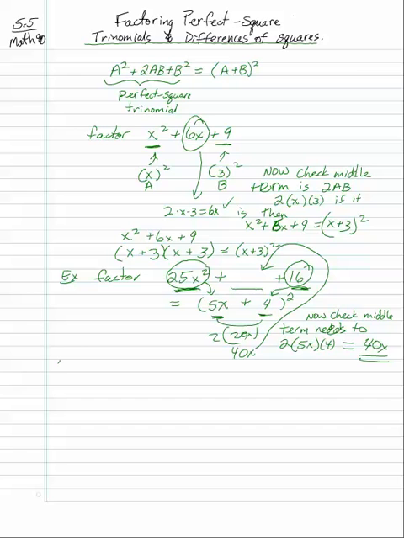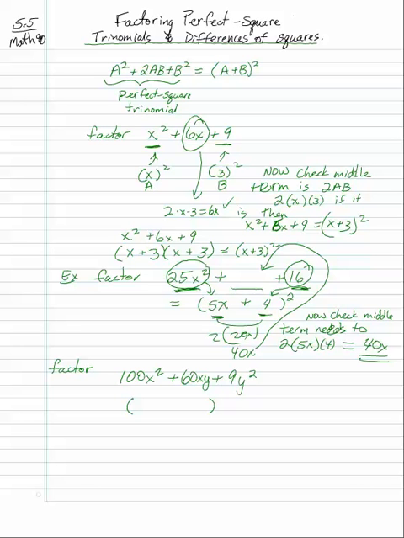Okay, so factor 100x squared plus, say, 9y squared. Again, if our middle term would be 60xy, we're in business.